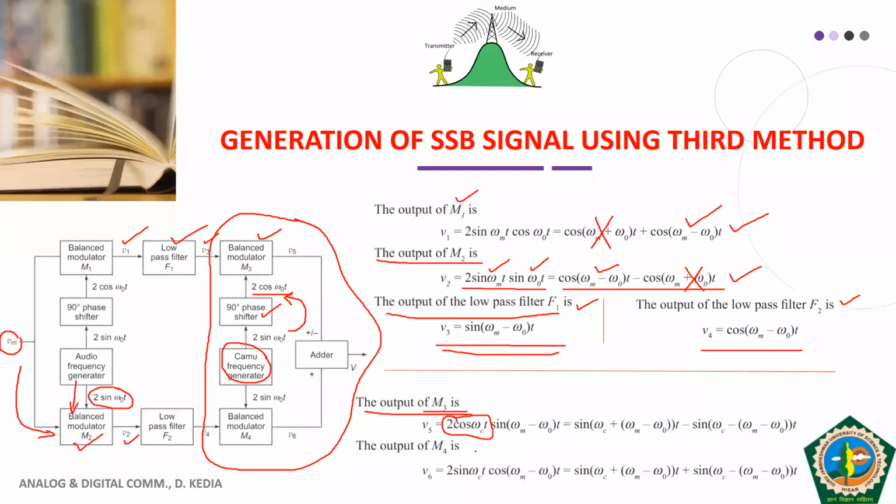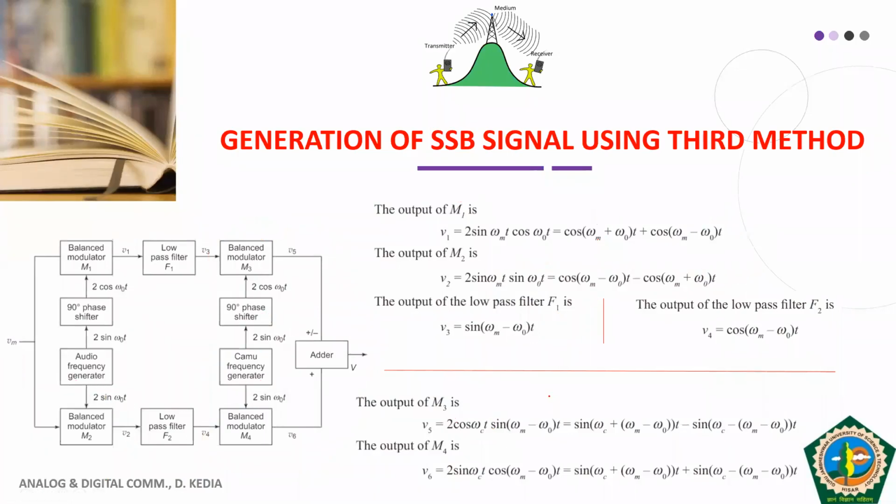In fact, let me tell you more clearly. There is a minor mistake in the figure that has been shown here. In this balance modulator 3 and balance modulator 4, this frequency will not be cos omega naught t, it will be cos omega c t.